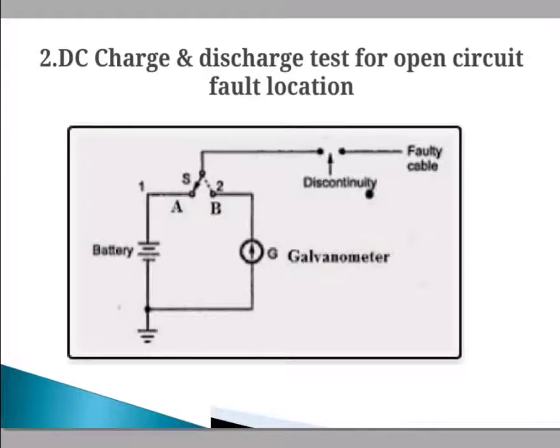The distance of the fault from end A is given by deflection from A divided by deflection from A plus deflection from B, into route length. During this test, earth all the broken cores at the far end, and also the other cores except the core to be tested, to get the correct reading.